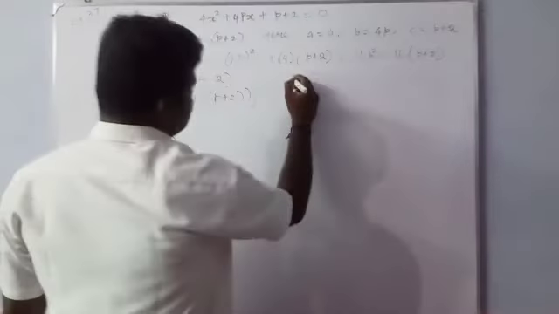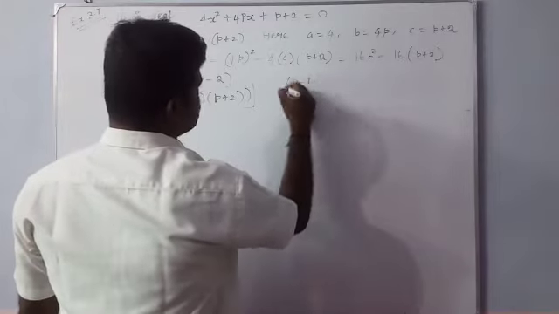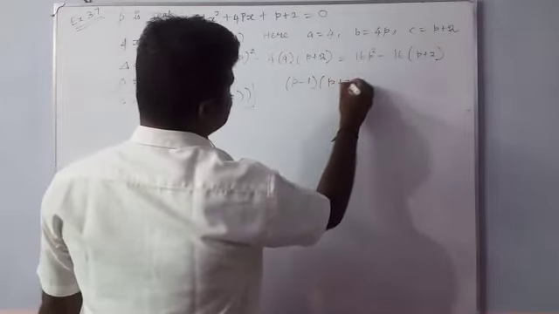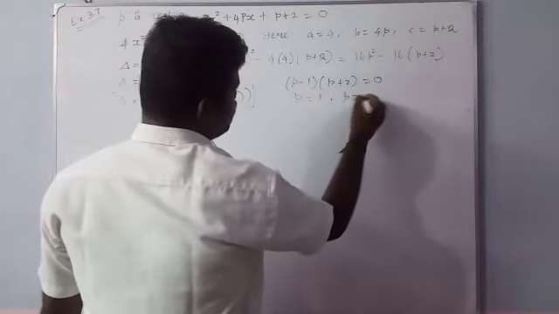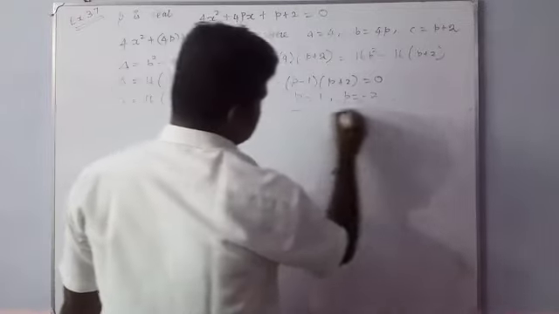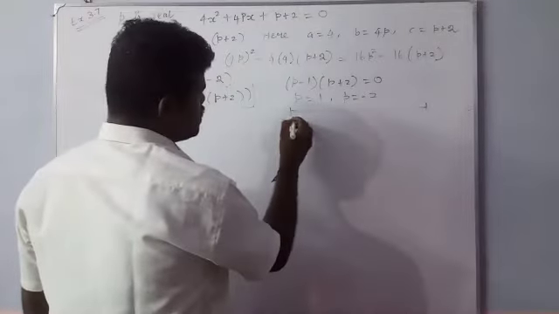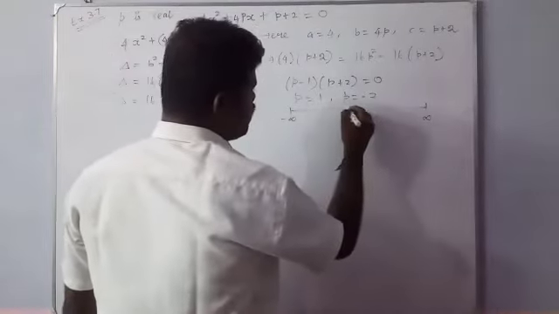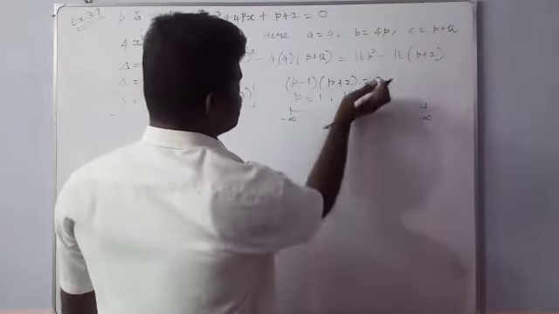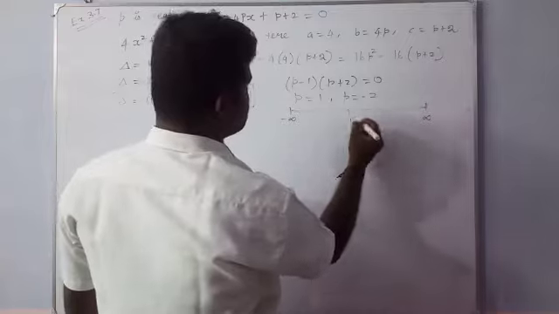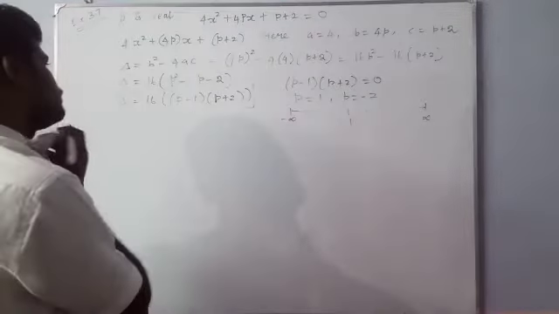Now we want to find the nature of the roots. The roots are p minus 1 into p plus 2 equal to 0. So p equal to 1, p equal to minus 2. Draw the number line. This is minus infinity, this is plus infinity. This is 1, sorry, this is 1 and minus 2.